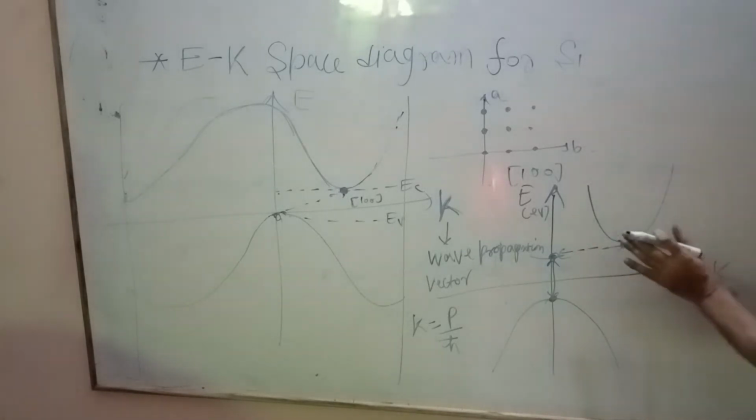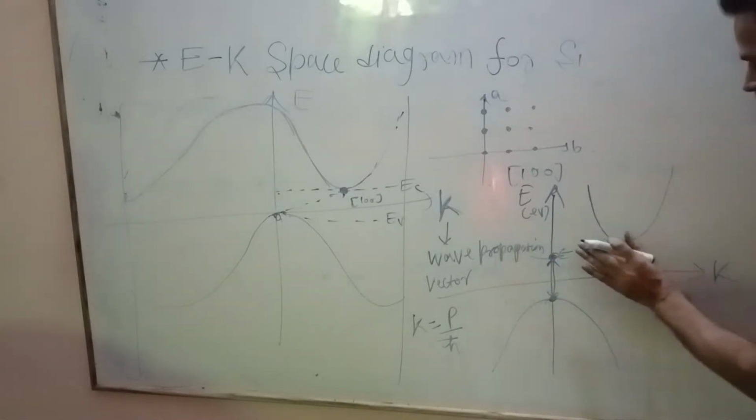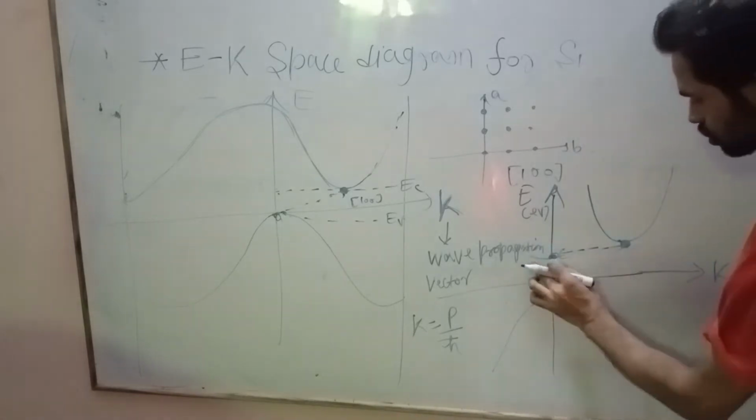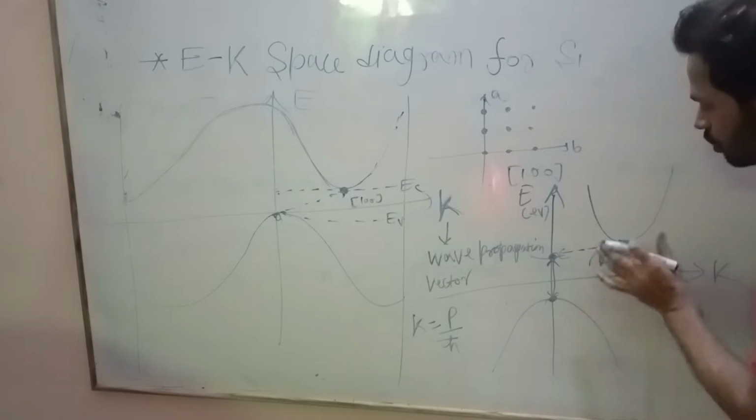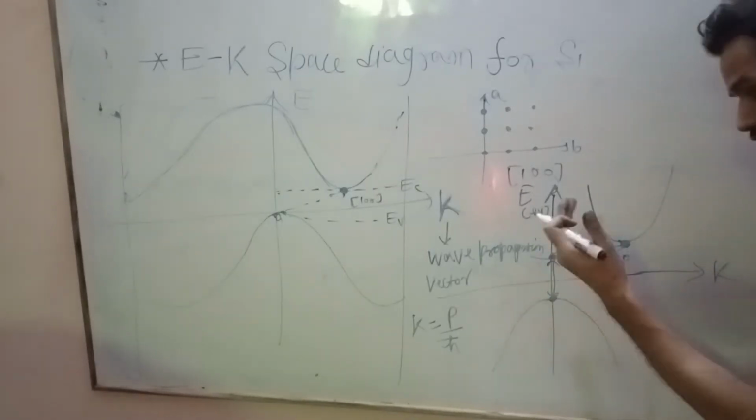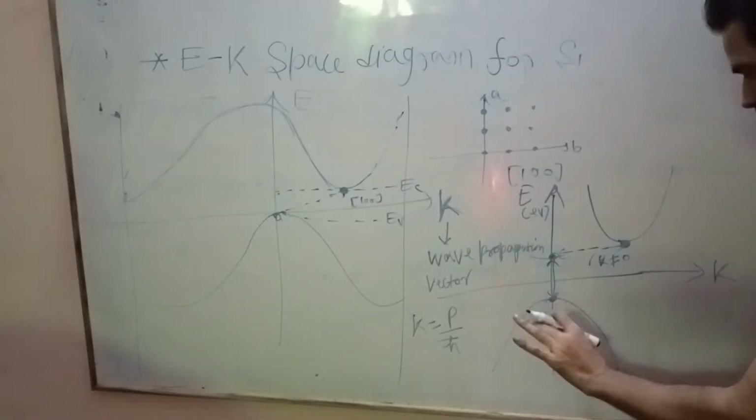If you see, when we adjust this to here, then it should move. Here K is not equal to 0. Means this momentum is not conserved. If momentum is not conserved, then energy is also not conserved.